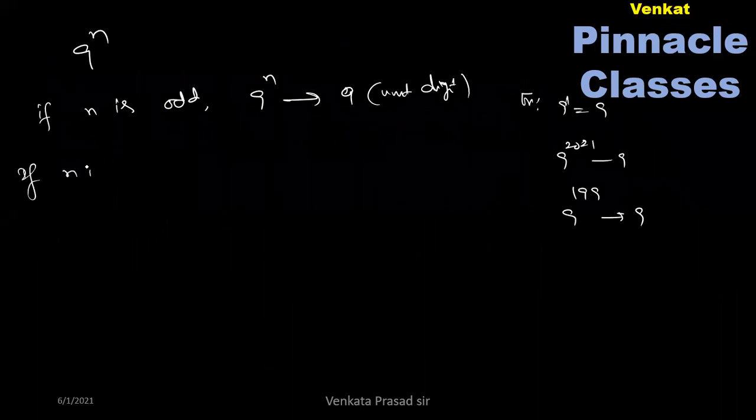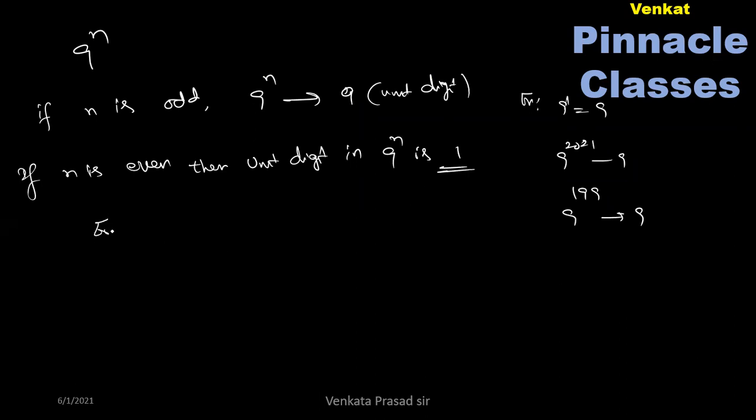If n is even, the unit digit is 1. Example: 9 square, 9 power 100, 2020.